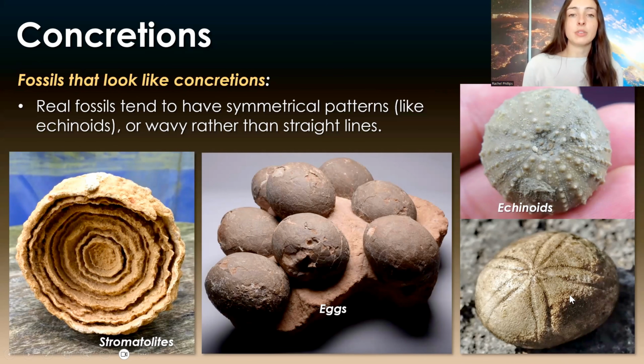So that can give away echinoids and other echinoderms. But if those get worn off, you have to look for other features. They're a little bit smushed in comparison to most concretions, so that can be a giveaway. But again, sometimes it's just impossible to tell for sure that something is biological versus not.